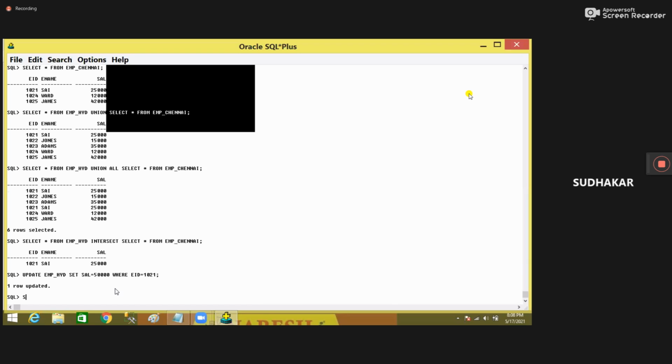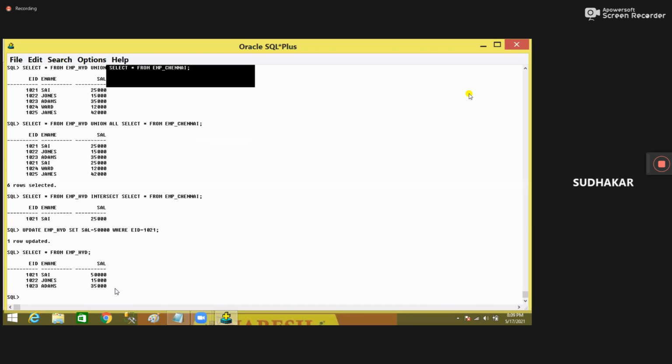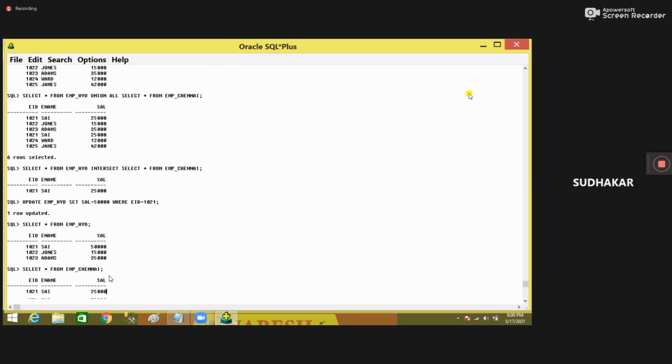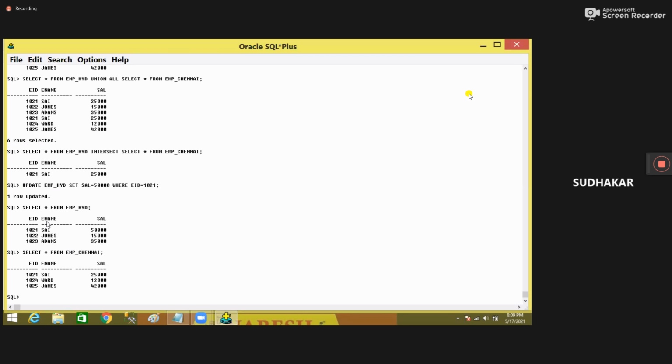So I updated it. After updating the EMP Hyderabad branch table data, you can see Sai's salary was updated to 50,000. And the other branch table, select star from EMP underscore Chennai, I have to go for it. So here is the Hyderabad table employee information and this is the Chennai table information.